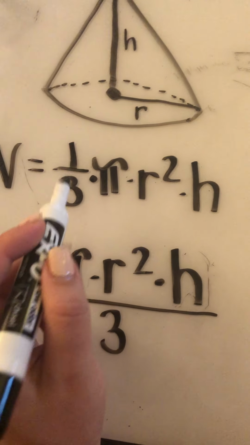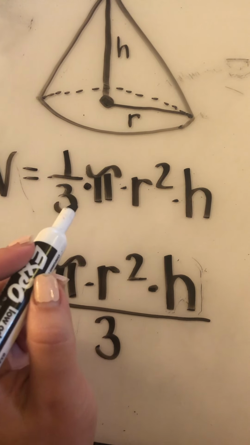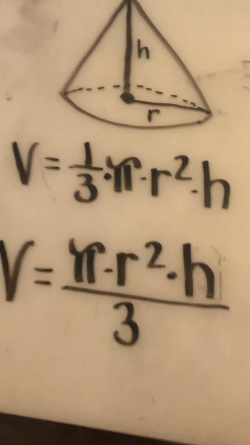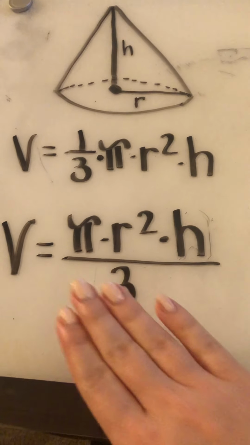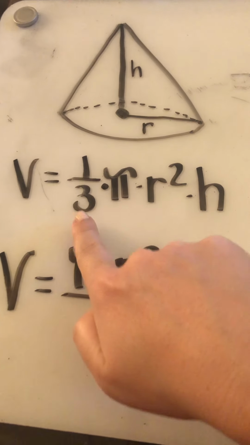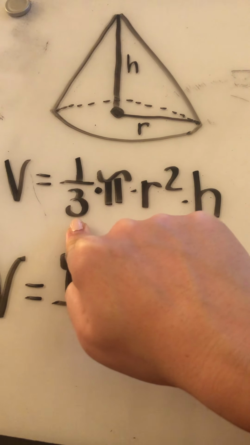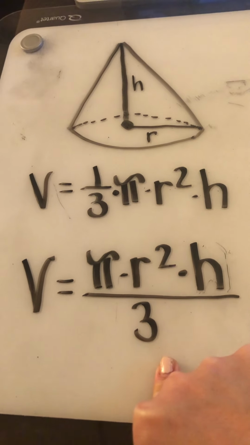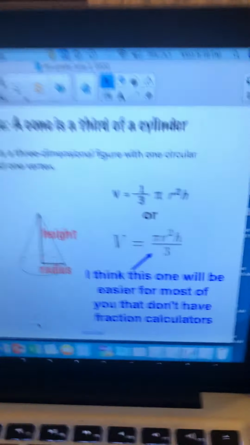So if you use a third and you try to do your calculations, sometimes the division winds up multiplying first instead of dividing, and I've seen too many calculation errors in that way, so I would recommend using this formula given the circumstance. If you have a scientific calculator where you can put that 1/3 in as a fraction, then go right ahead, but for my model, I'm going to use this because I know the majority of us are using our phones or just a general calculator, okay?